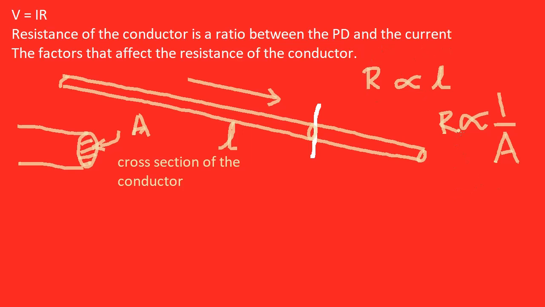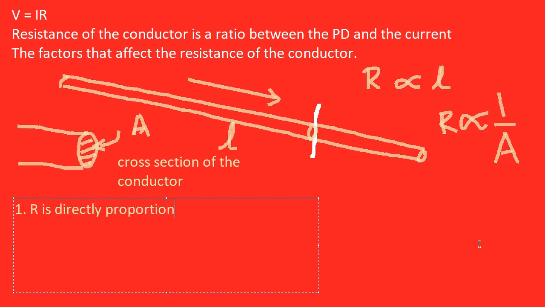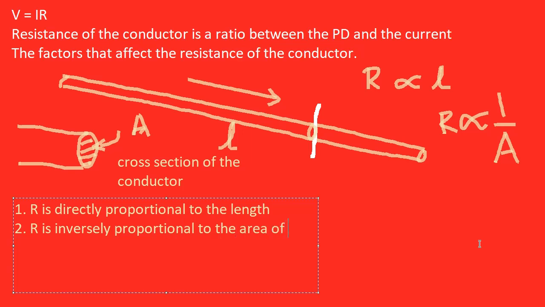If we combine these two things, let me put down the two relations first. As we have seen, the first one is R is directly proportional to the length of the conductor, and the second is R is inversely proportional to the area of cross section.